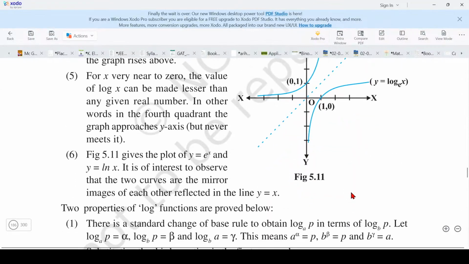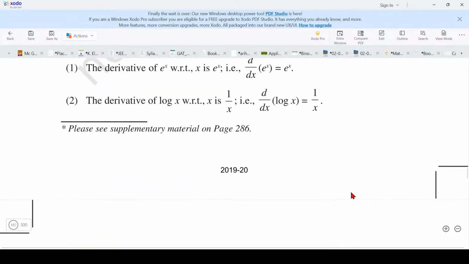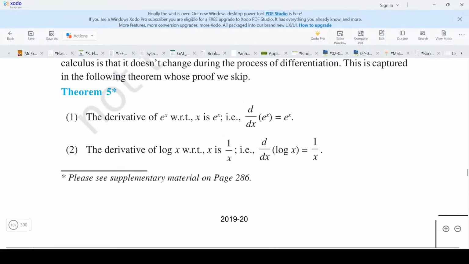If you haven't done it, please do it once. Yes, sir, 5.2 is done. Okay, you're not screen sharing anything, right? Sorry, I can't see anything. Sorry, I was writing also. Okay, can you see my screen?